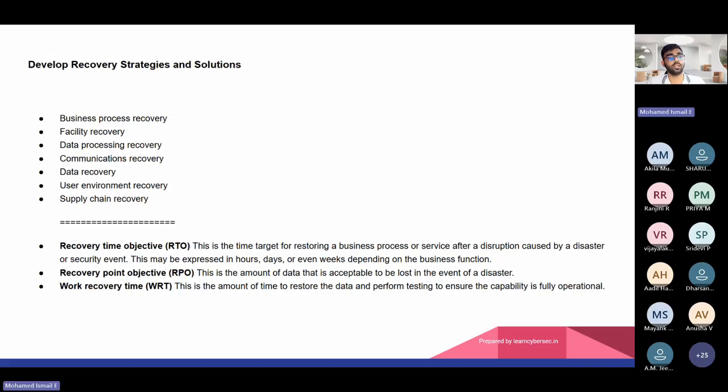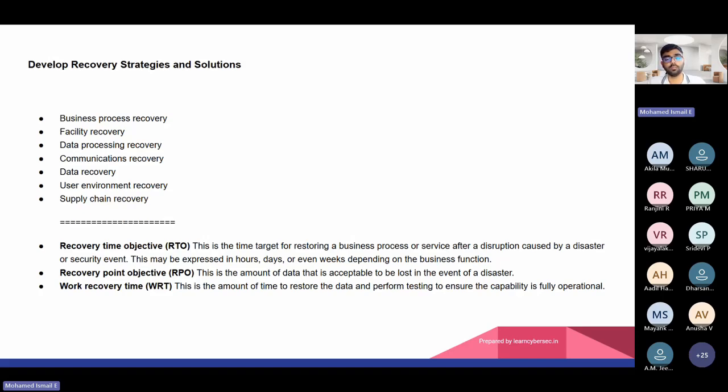There is a dependency: the flood happened, it is continuously raining. Once the rain stops, only then can you recover the buildings. There is a dependency. Now, the recovery time objective may be 1 week. The first day the flood is happening, followed by 6 or 7 days, you can recover the business. During that time, you need to follow the business continuity plan to come back to normal business.